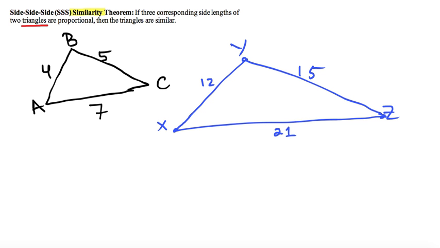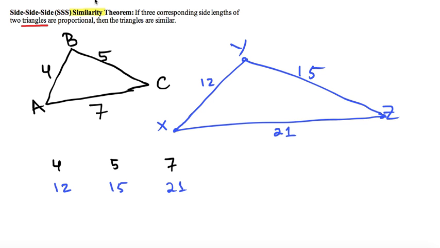And so what you do is you list out all the sides of the triangles in order from smallest to largest. For the first triangle, the three side lengths are 4, 5, and 7. For the second triangle, the side lengths are 12, 15, and 21.